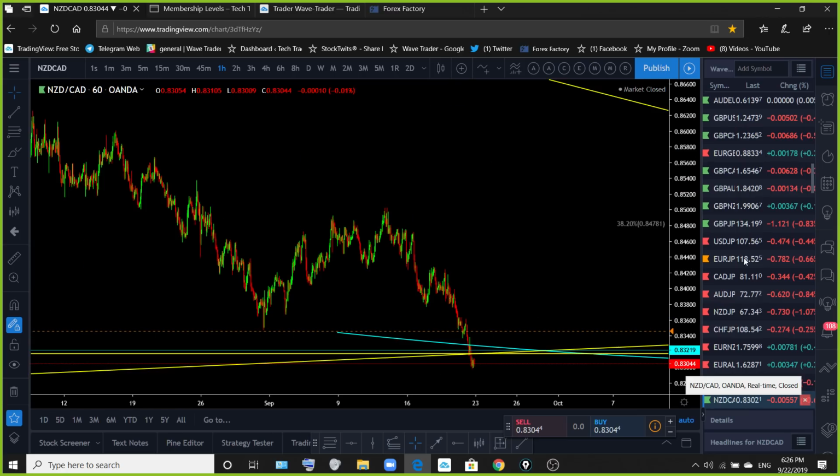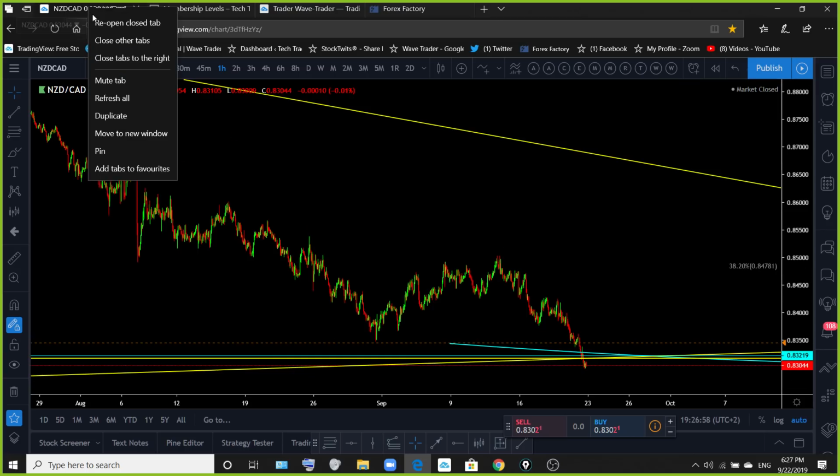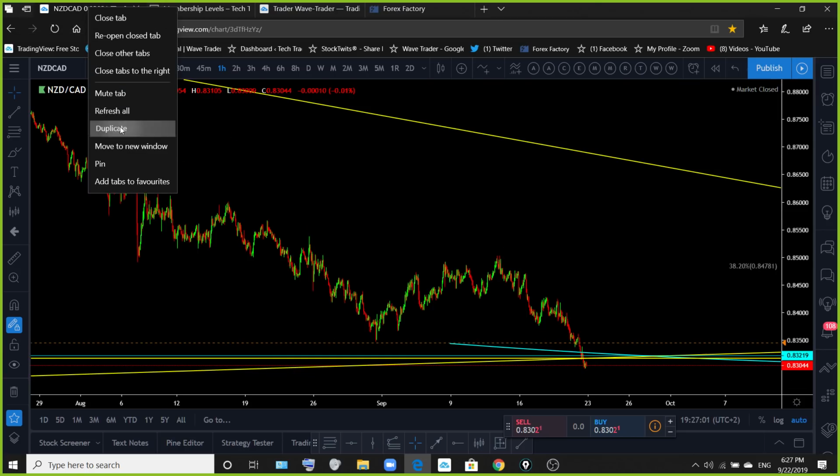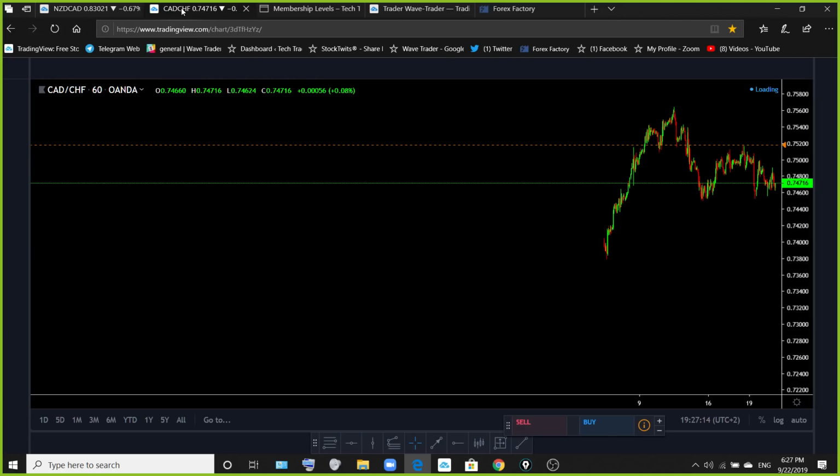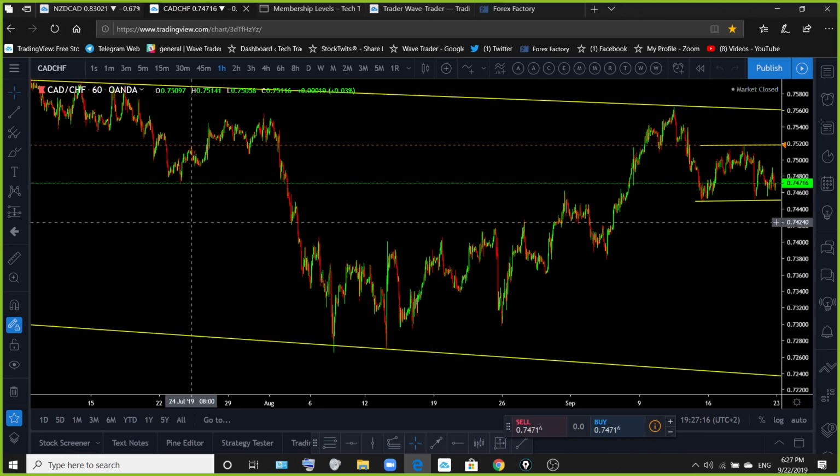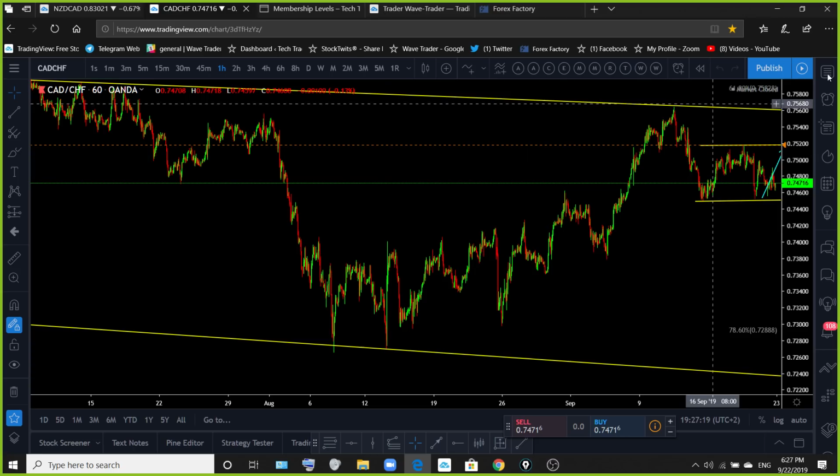So Kiwi Cat is also pushing lower. All right, so it's a good pair to watch for reversal. Let's look at the clean chart first, and then we'll look at the setup on the lower time frame.